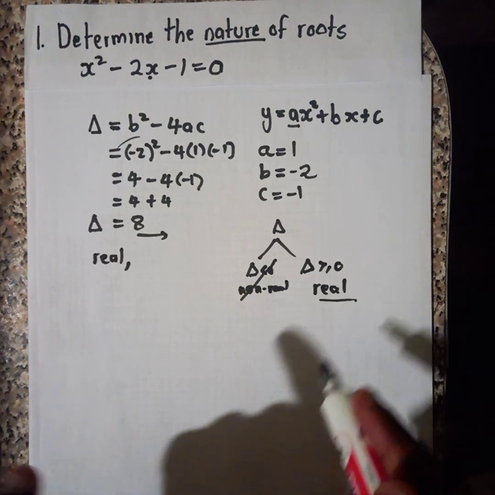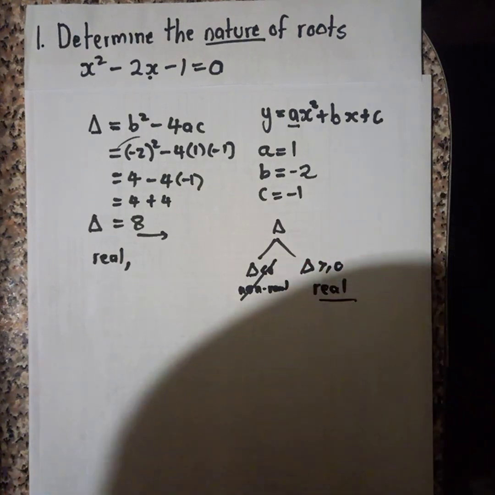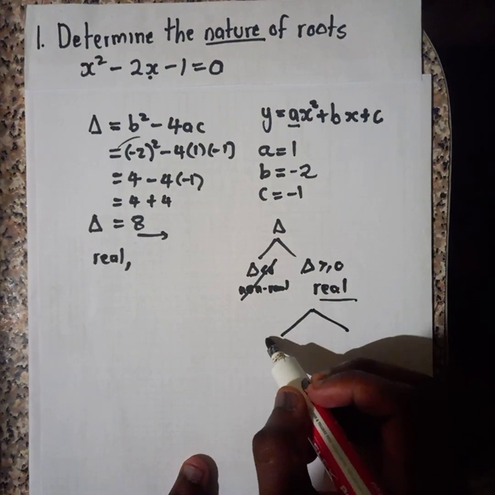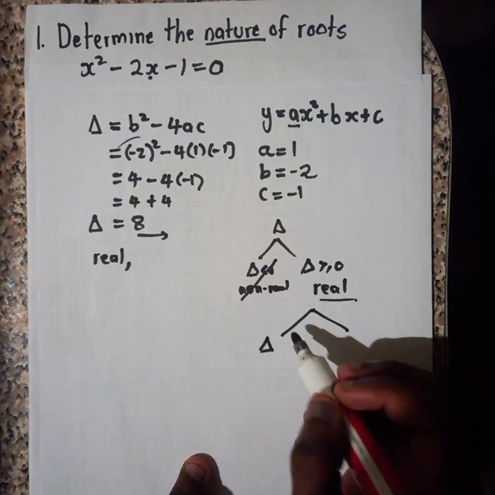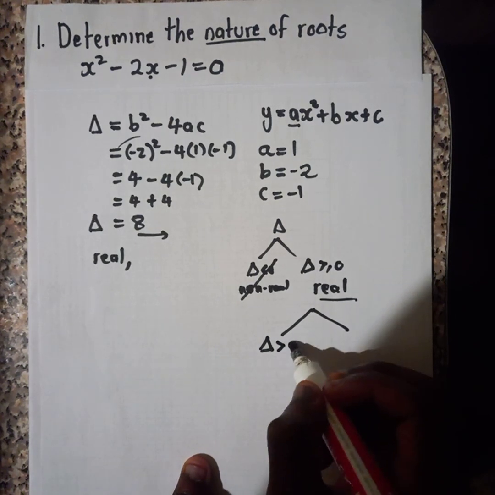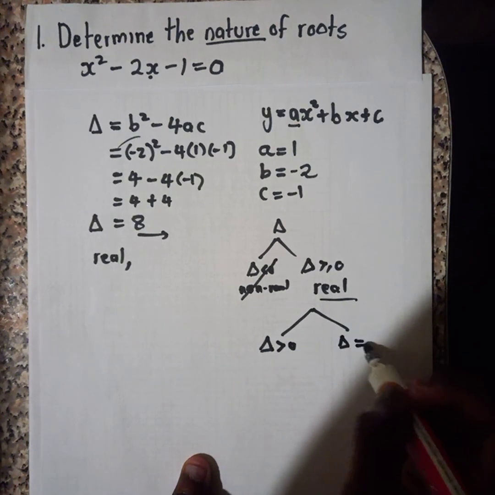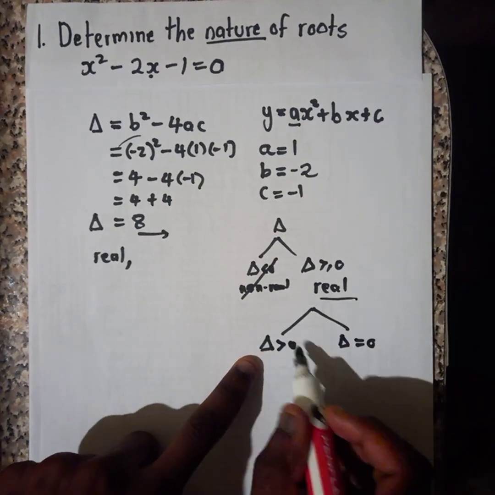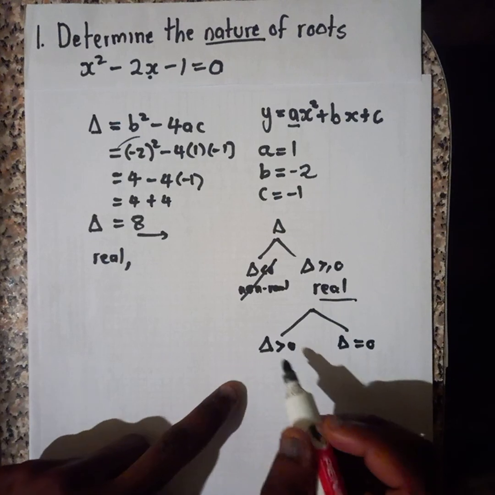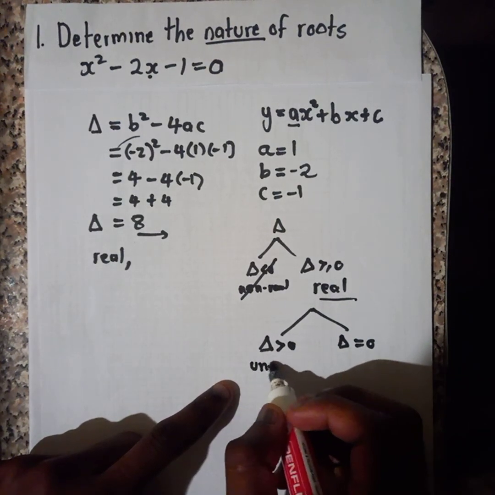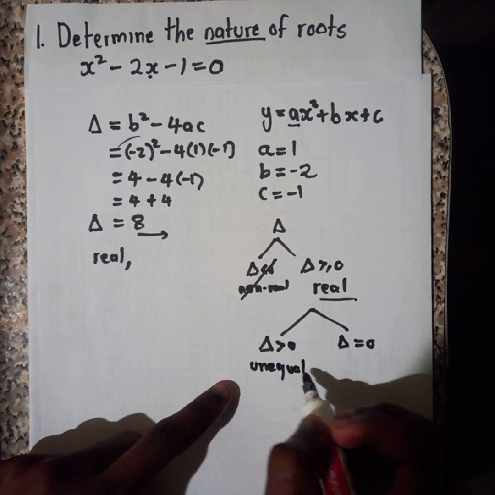Don't forget, this discriminant further branches into 2. The first one was greater than 0. Then the second one we said was equal to 0. We said the discriminant greater than 0 represents two unequal roots.